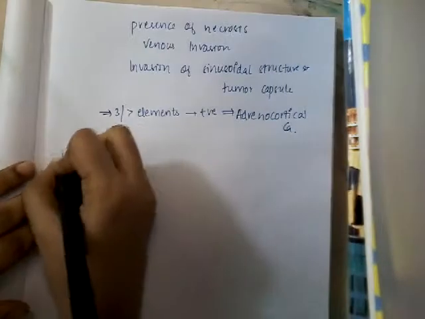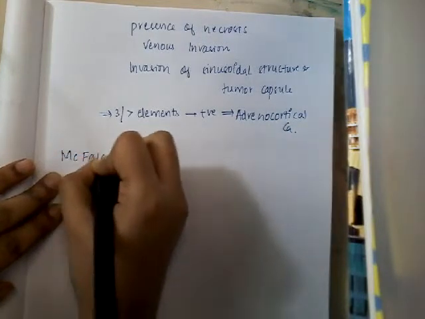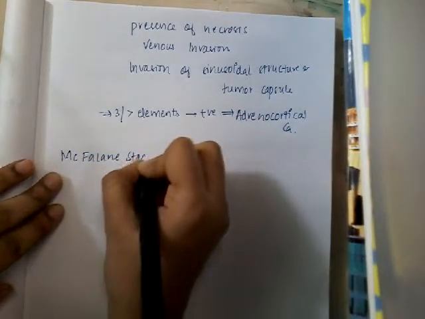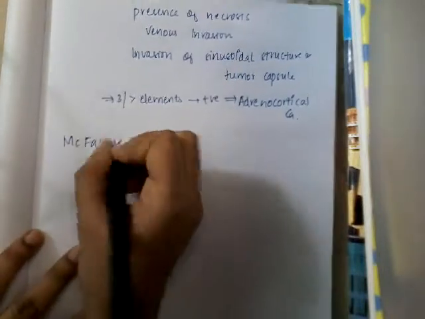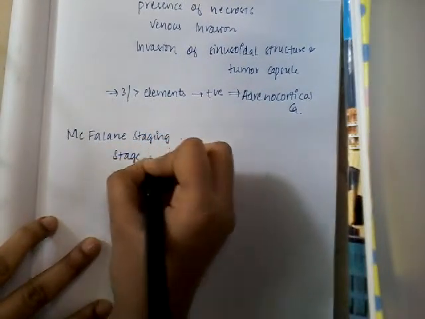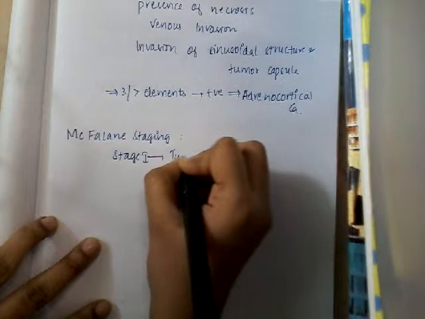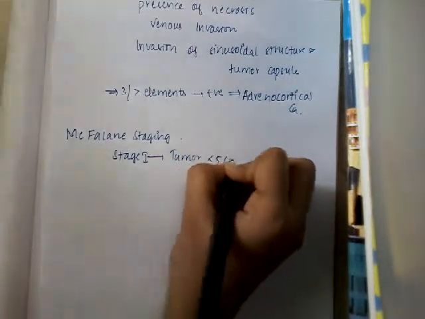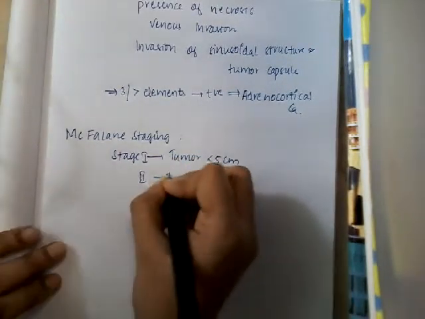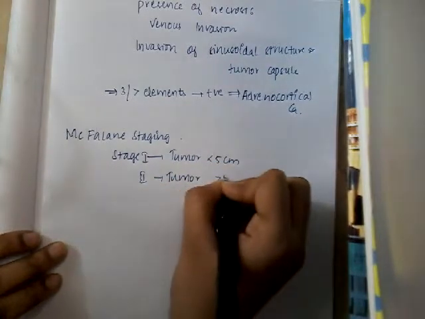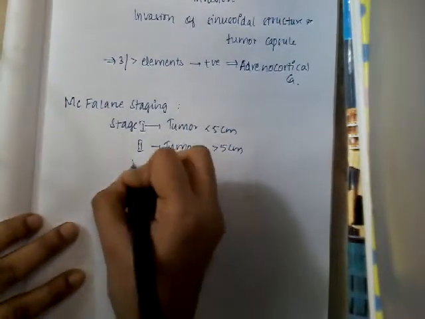There is one more staging, which is McFarlane staging for adrenocortical carcinoma. Stage 1 is if the tumor is less than 5 centimeters. Stage 2, the tumor is more than 5 centimeters.